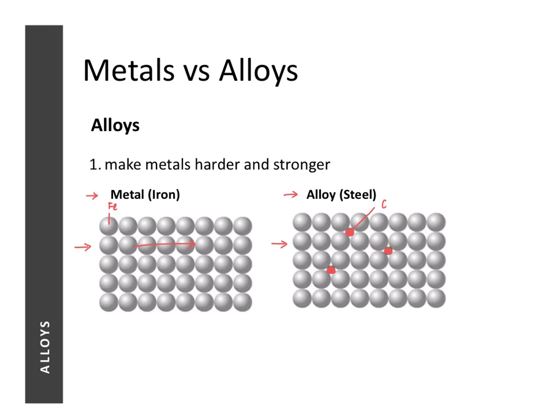Now it's more obvious if I add an impurity atom which is larger in size than iron. For example, if I add a very big impurity atom, now my regular arrangement is disrupted even more.